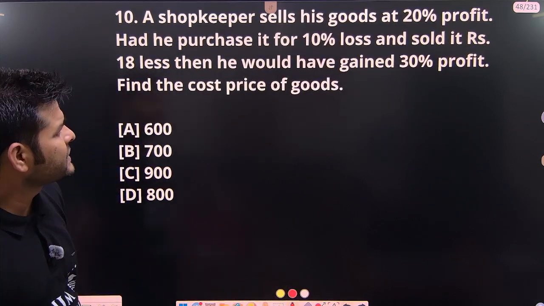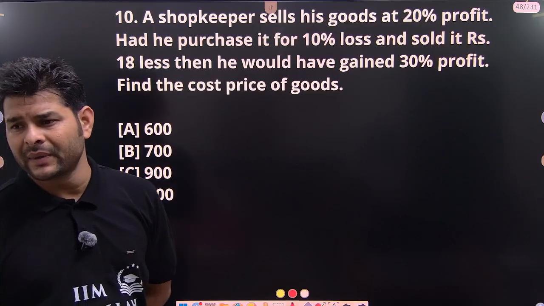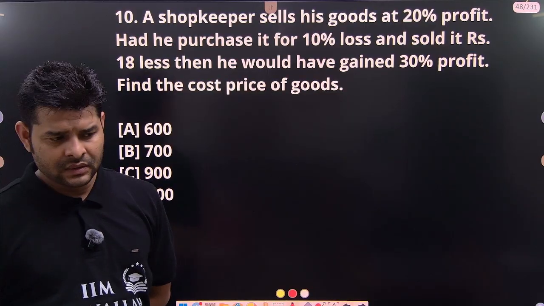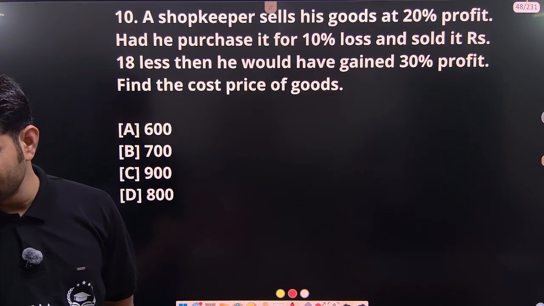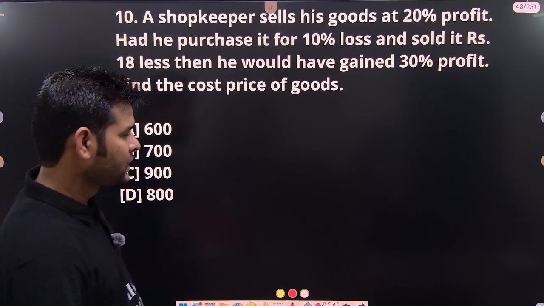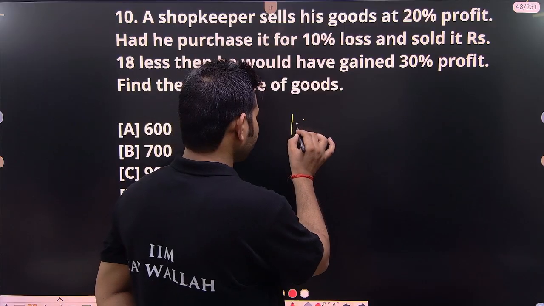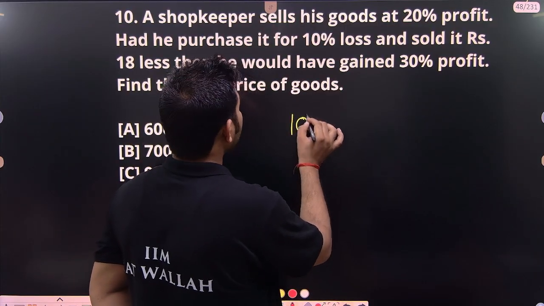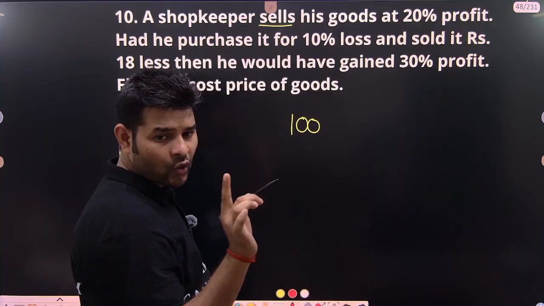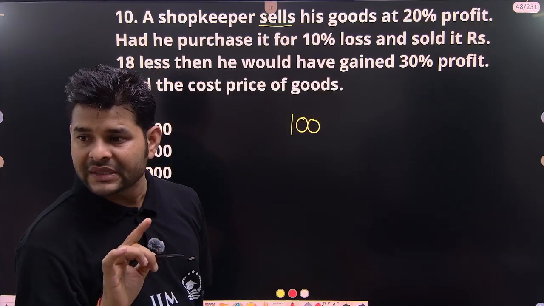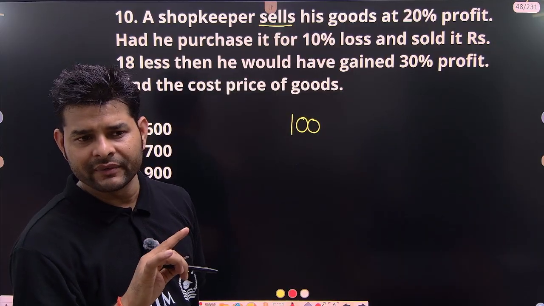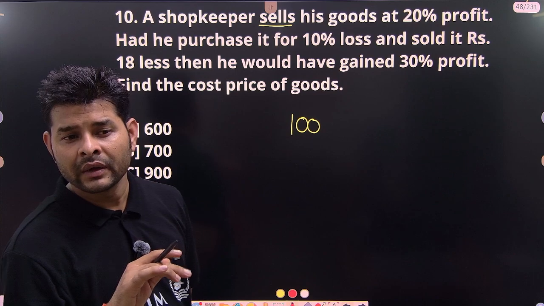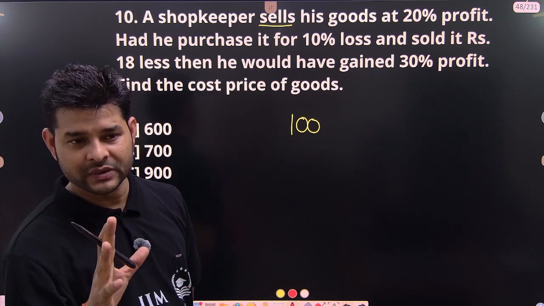A shopkeeper sells his goods at 20% profit. So there must be a CP. You yourself can consider CP as 100. So if CP is 100 units, this is the actual sale, not what he wants to sell.